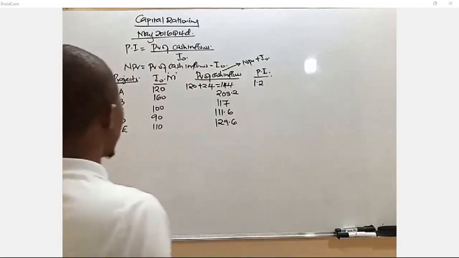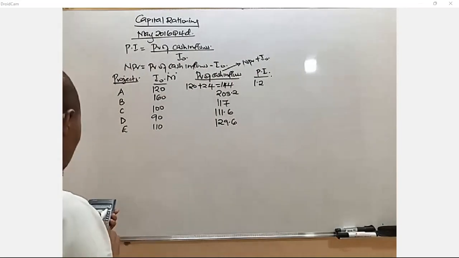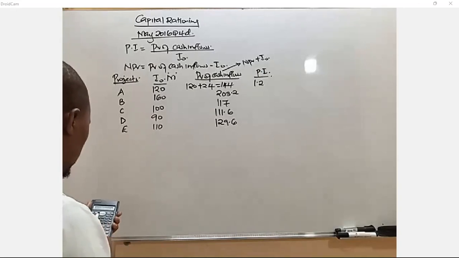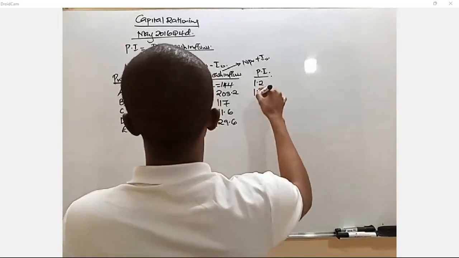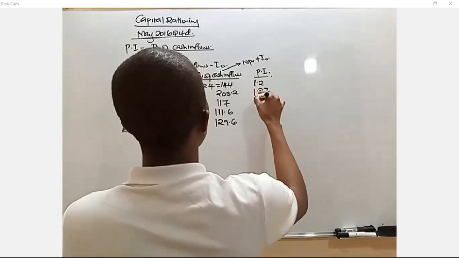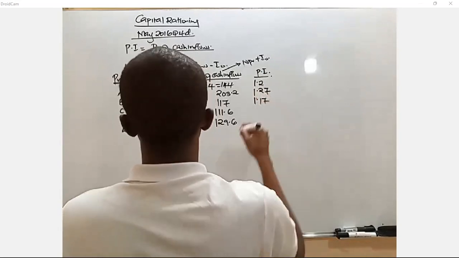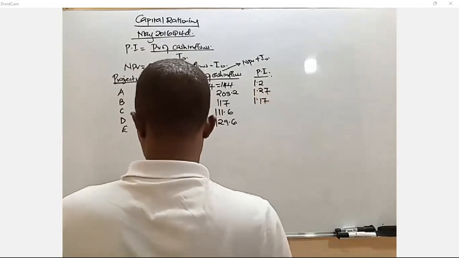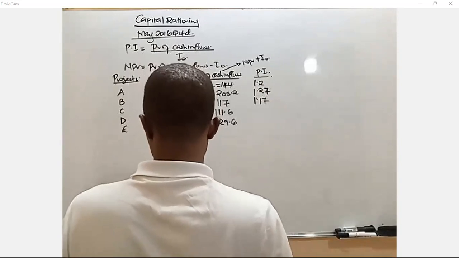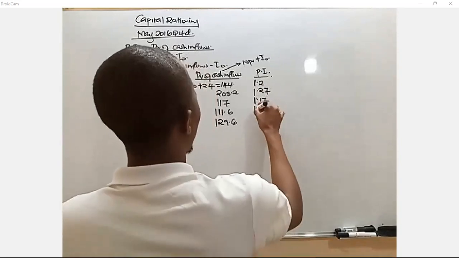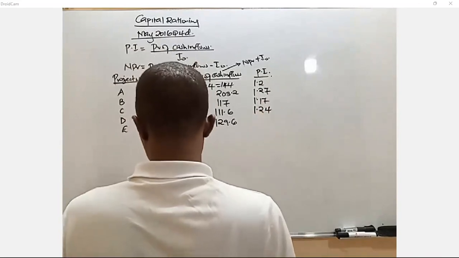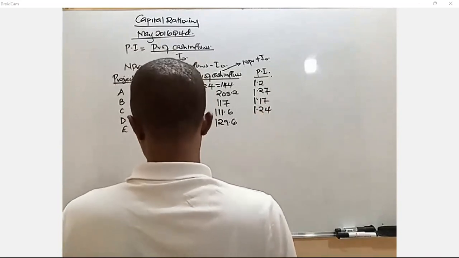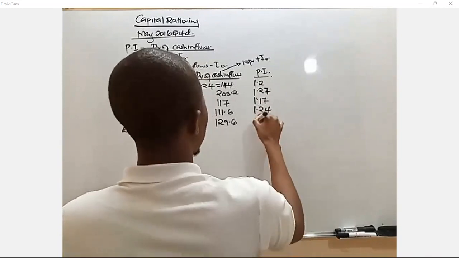The second one is 203.2 divided by 160, getting 1.27. This one is 1.17. Then 111.6 divided by 90, getting 1.24. Then the last one is 129.6 divided by 110, getting 1.18.